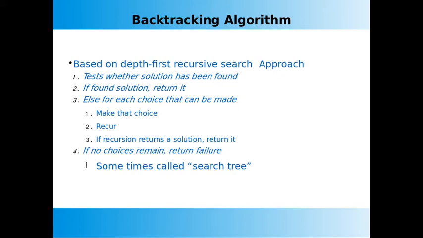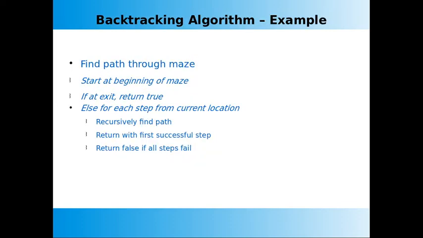If the solution is found, it returns the value. Else, each choice can be made, and depending upon the choice we made, we move to the next choice and recursively find the solution. If it is found, it will return the value. If there is no choice, it results in failure. That is how the backtracking algorithm works.